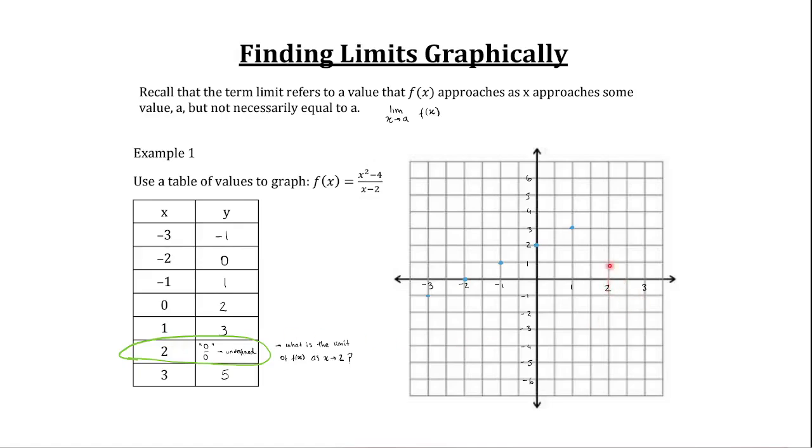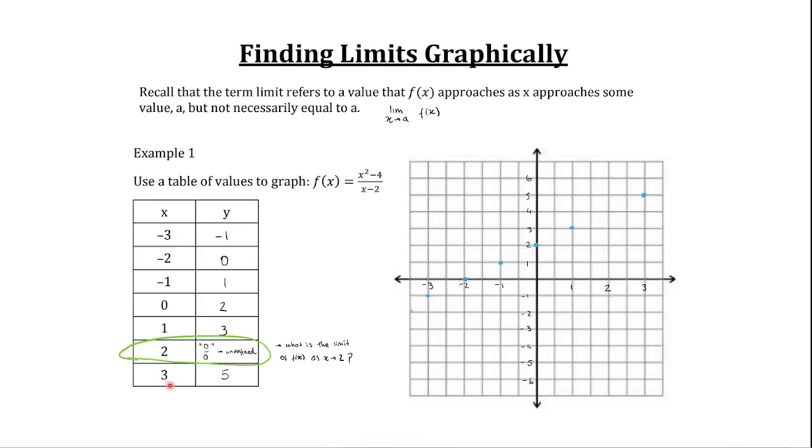So I'm going to skip x is equal to 2, and then I'm going to go to the point 3, 5. And so if I were to connect these points, right, it would look like a line. And of course, mine is a bit crooked, but that's okay. It would look like a line.